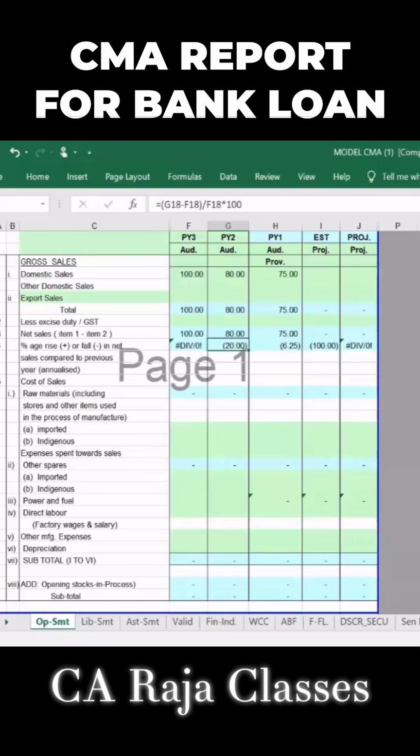Previous year 20%, immediate previous year 6.25% fall in sales, and if all of a sudden they say that they will achieve 200, 167% increase, then that needs lots and lots of validation, because they were reporting drop in sales year after year. Now all of a sudden they are saying that their sales is going to double or more than double. Then how is it possible? It has to be seen, it has to be validated.